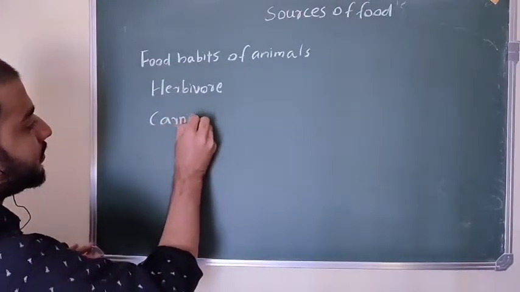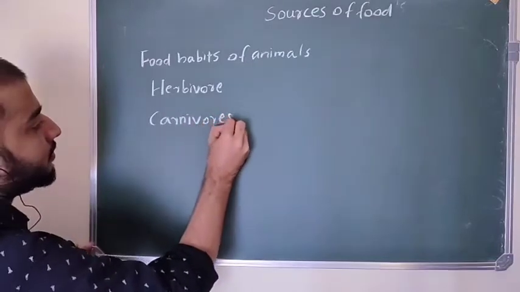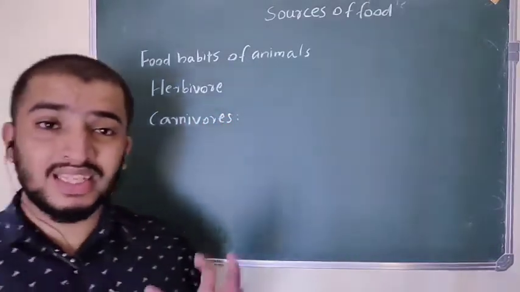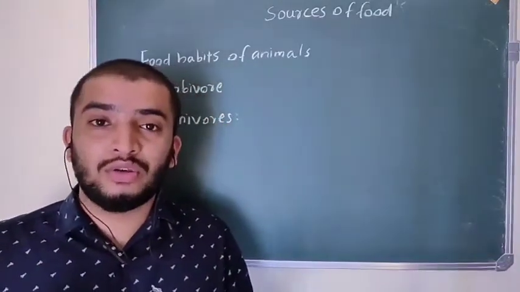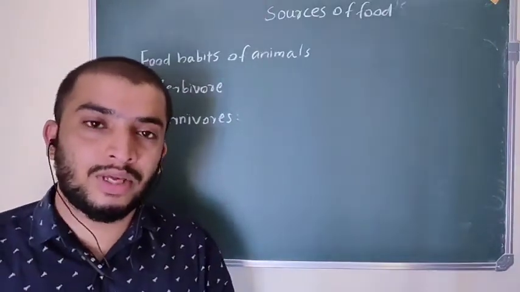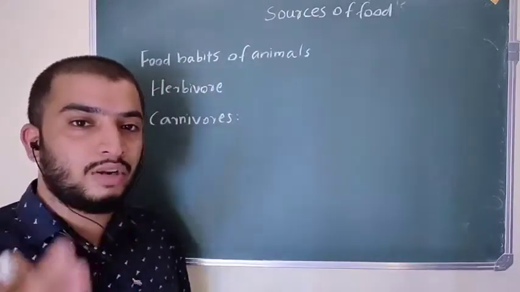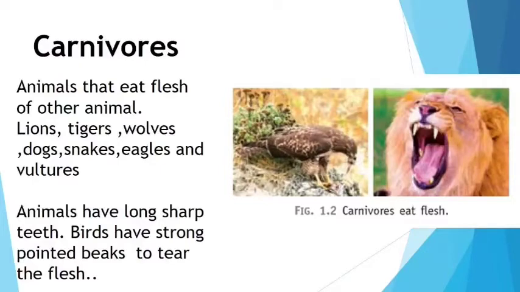Carnivores are animals that eat the flesh or meat of other animals. Lions, tigers, wolves, dogs, snakes, eagles, and vultures.